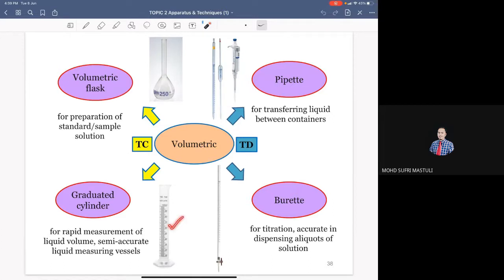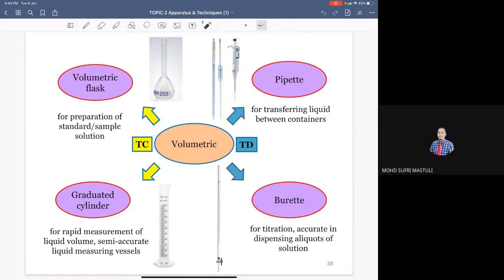The graduated cylinder is for rapid measurement of liquid volume, but it is less accurate. To deliver is to deliver a volume of solution.